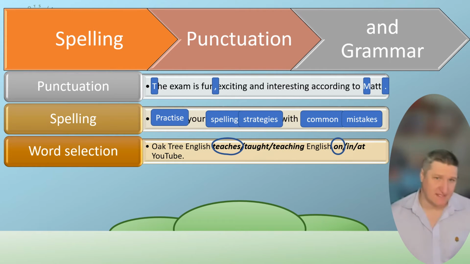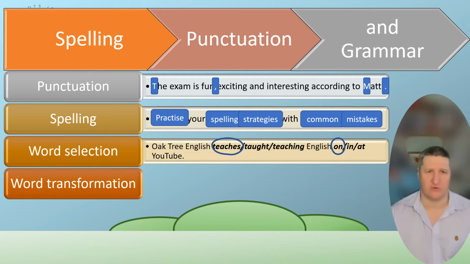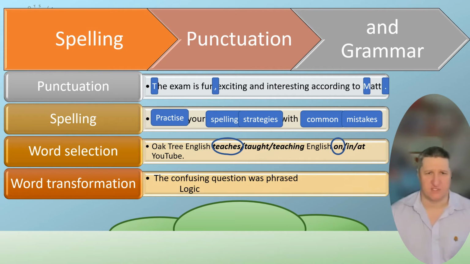The next exercise asks you to complete a sentence with the correct form of a given word. This may be a part of a verb or a different word class, which you will change, usually with a suffix. You may have to adapt the meaning with a prefix. For example, the confusing question was phrased, with the given word being logic.